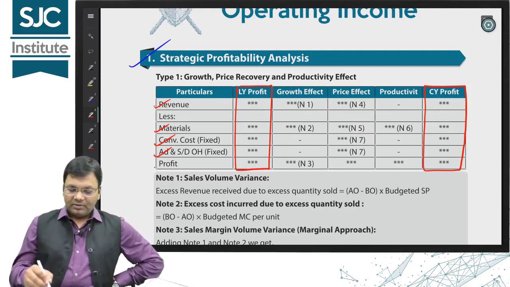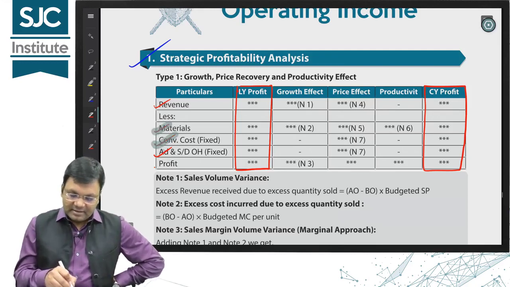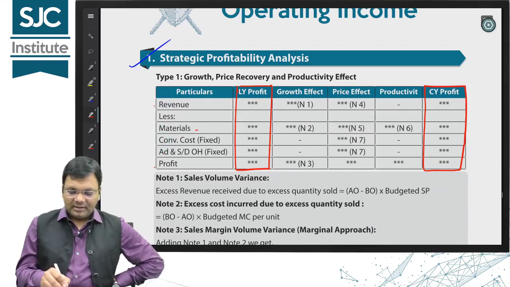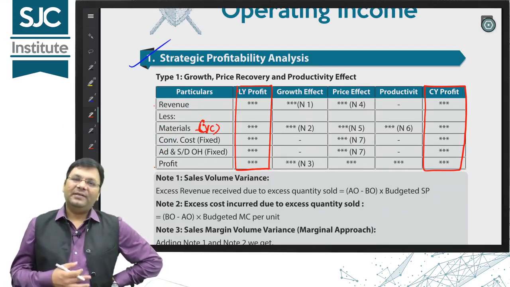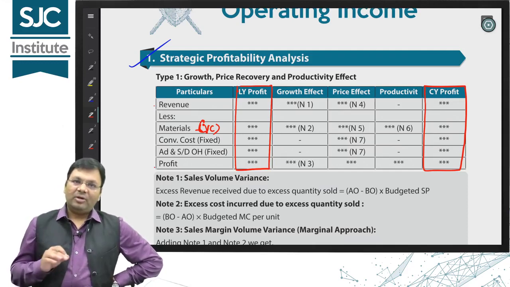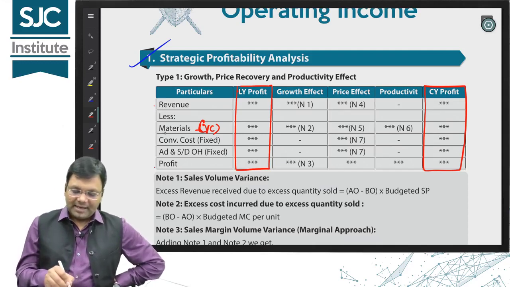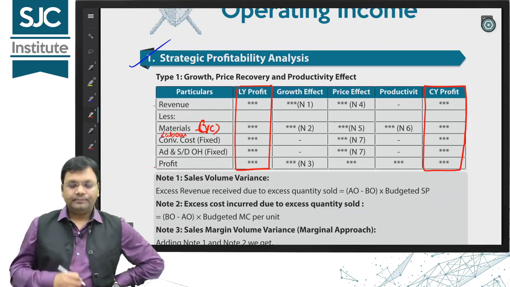You see the approach we are following here: nothing is written besides material. Material is a variable cost, and we assume conversion cost and admin and selling cost as fixed cost, even if it is not directly specified in the question. There can be a labor cost also in some questions.